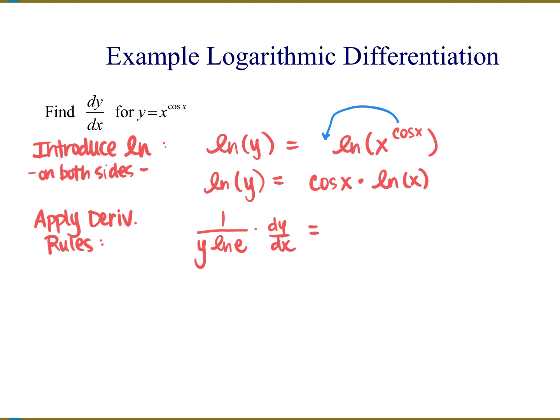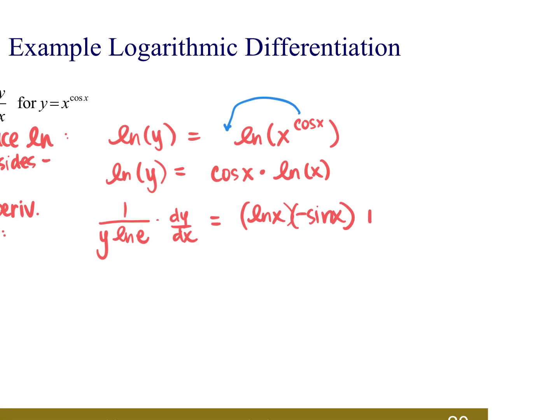What rule do I need on the x side of the problem? The product rule. So what should I start with when I do the product rule? Natural log of x times negative sine x. What follows after that? Plus cosine of x times 1 over x, ln e, and then dx dx, right?